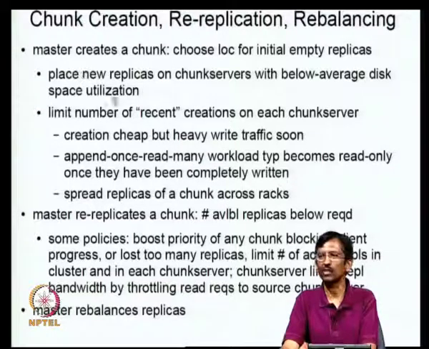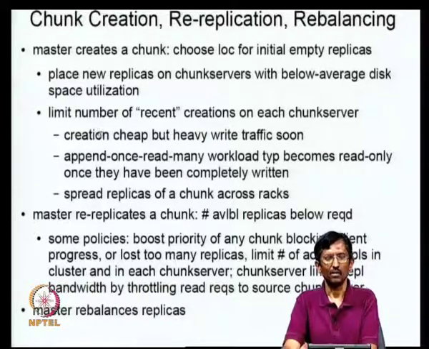So they have various heuristics, fairly straightforward. First, place new replicas on chunk servers with below-average disk utilization. That's one kind of heuristic. At the same time, they want to limit the number of recent creations on each chunk server.